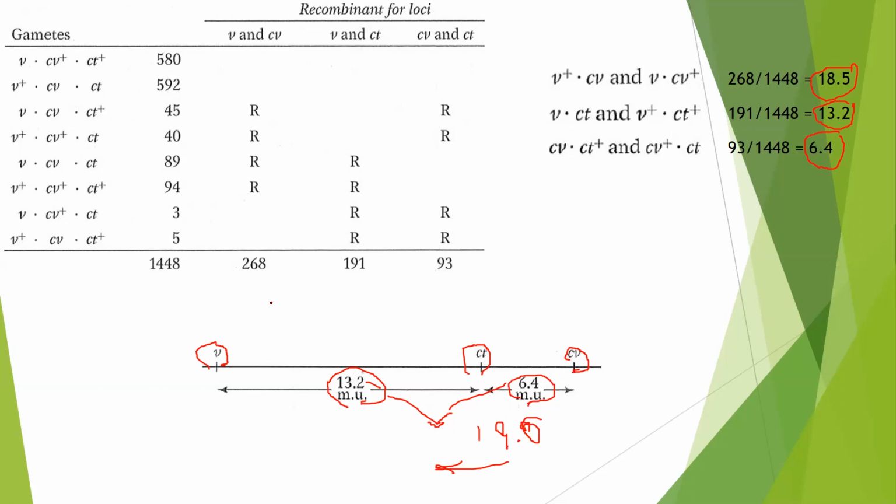I hope I made it clear and that all the strategies make sense to you. Make sure you understand this, because it is very important. I'm going to give you some questions in the next midterm to calculate genetic distance between 3 genes using data like this.